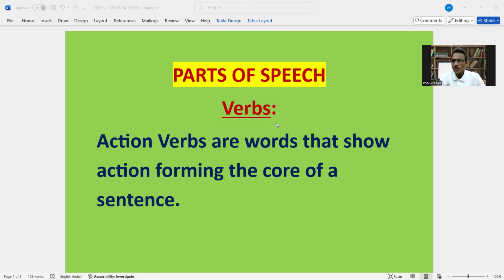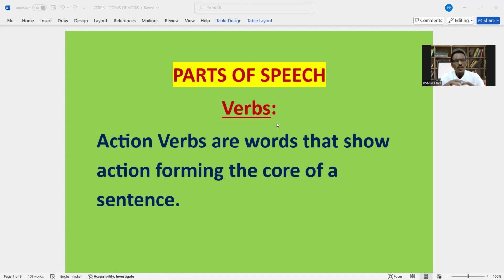So, what do you mean by the verbs? The action words are the words that show the action forming the core of the sentence. So, the verbs are nothing but the action, they represent some action words in general, right?